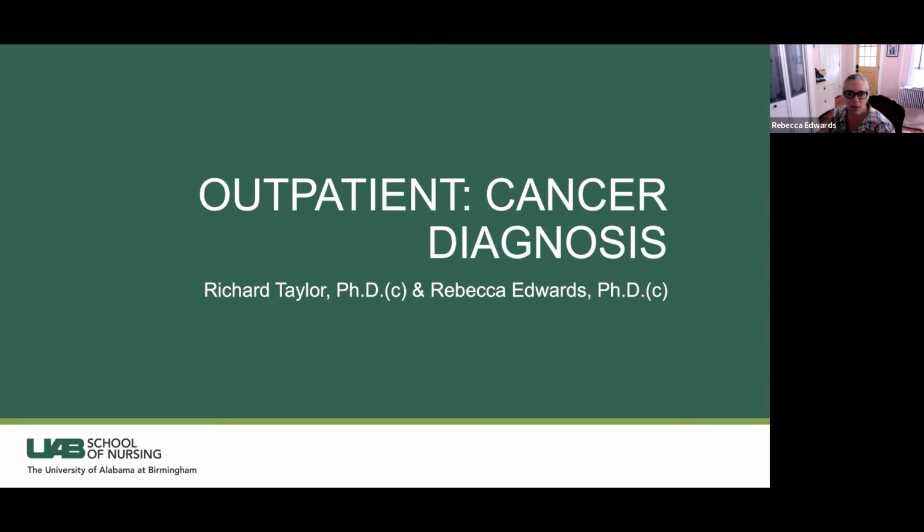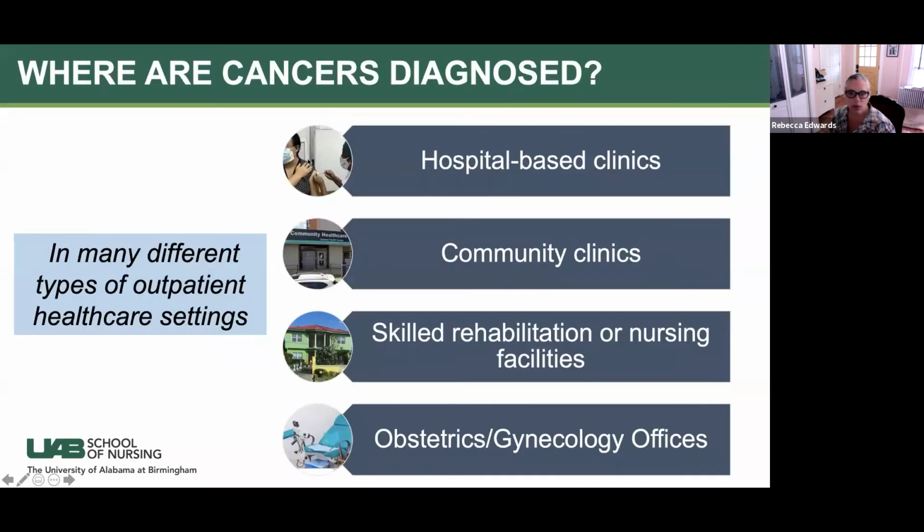Hello, everybody. It's Dr. Rebecca Edwards, and I'm going to go through the section on outpatient cancer diagnosis. So where are cancers diagnosed? They're diagnosed in many different types of outpatient healthcare settings. This can be in hospital-based clinics, in community-based clinics.